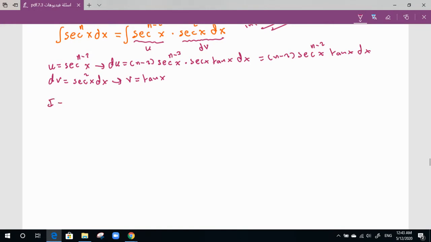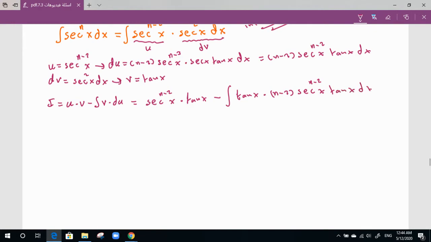Now I will go back to my integral I and use integration by parts: u times v minus the integral of v du. u is secant to the power n minus 2 times v, which is tan x, minus the integral of v, which is tan x, times du, which is n minus 2 secant n minus 2 tan x dx.